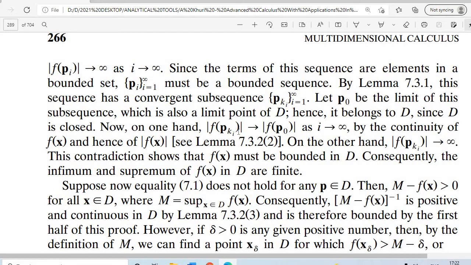So mod f of pki converges to mod f of p naught, by the continuity of f of x and the continuity of mod f of x.